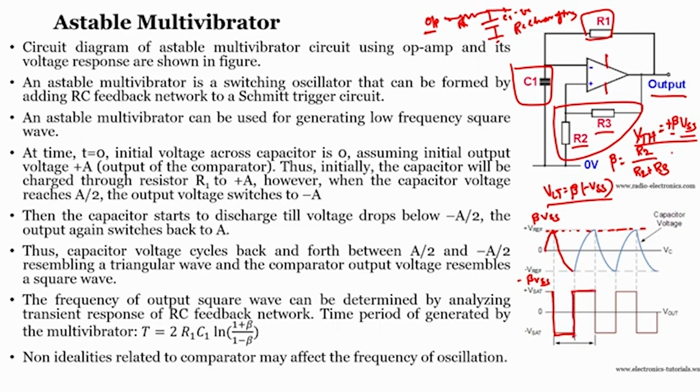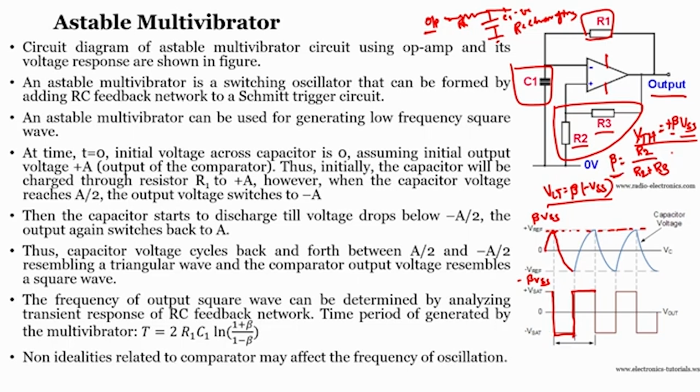So this continues. If I want to calculate the frequency of our astable multivibrator, at what frequency it is oscillating, that entirely depends upon our beta value and VSS value, right.